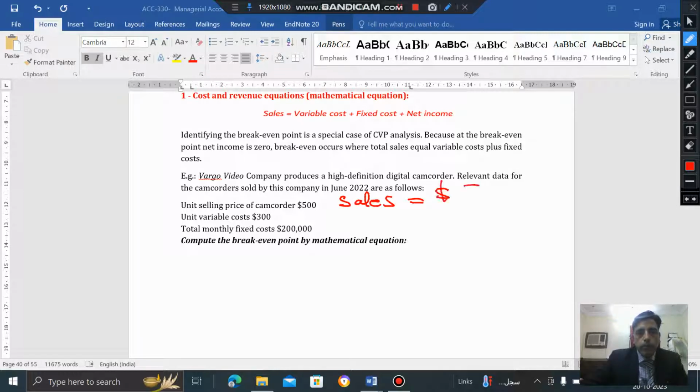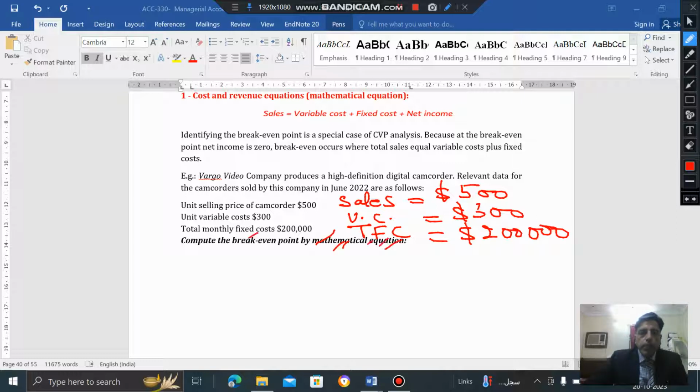The same question I am solving but in a different way. Sales is this, variable cost is given here as $300, and the TFC, that is, the total fixed cost, is 200,000. I'm not discussing the mathematical equation right now, I have already elaborated it. First of all, find the value of the contribution.